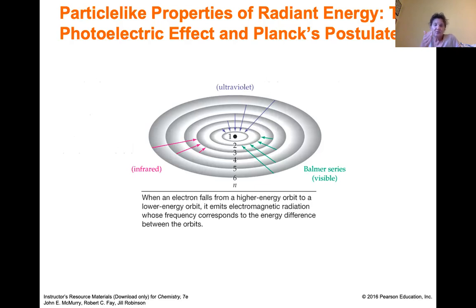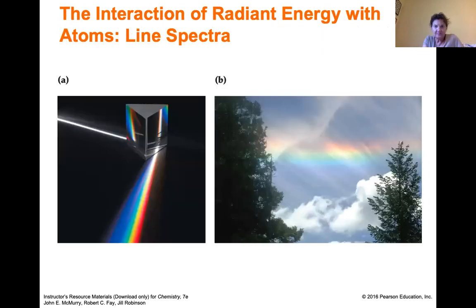And then also true, if it goes down in energy to a lower energy orbit, it can give off a photon of light. So this interaction of electromagnetic radiation with the electrons and atoms was teaching us a lot about the property of electrons.